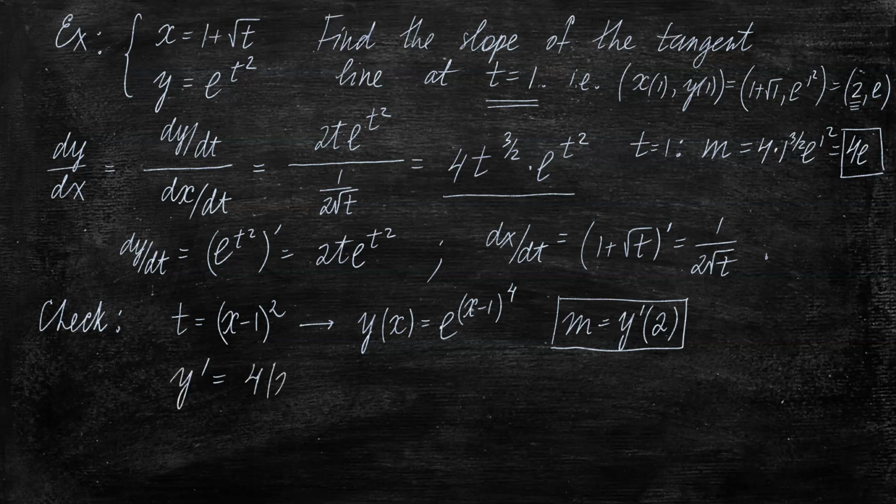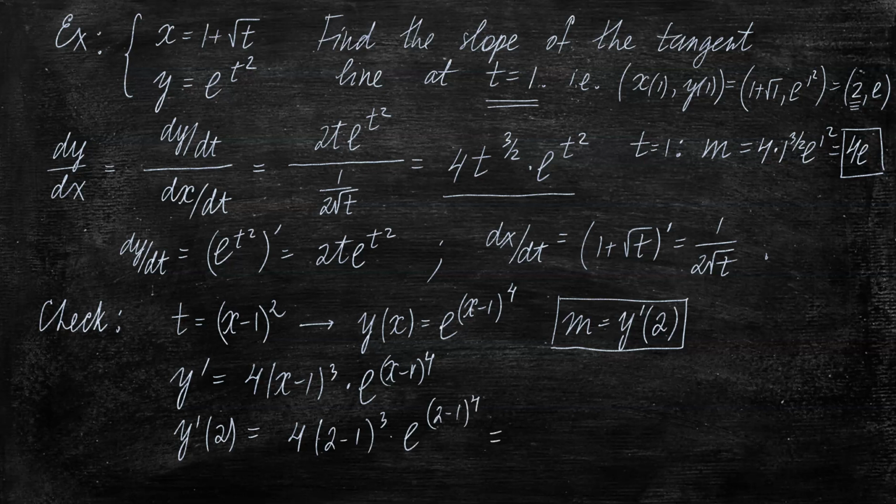So 4 times x minus 1 cubed times e to the power x minus 1 to the 4th. This is us differentiating it, and now this is us evaluating this function at 2. So we get 4 times 2 minus 1 cubed times e to the power 2 minus 1 to the power 4. And we also get 4e, which is our desired slope.